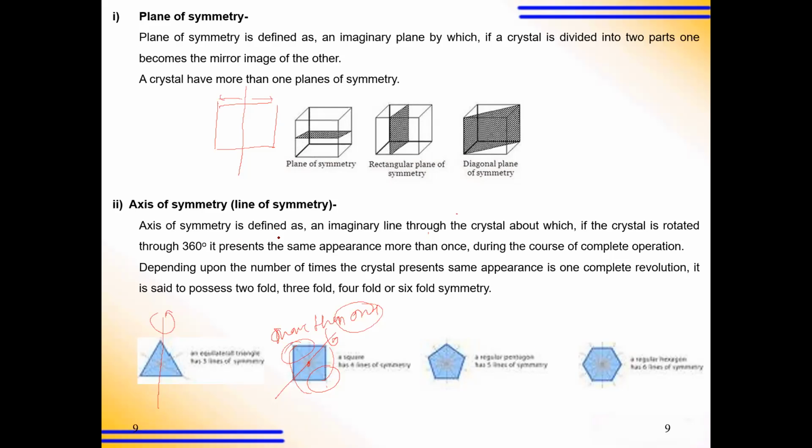So axis of symmetry can be defined as an imaginary line through the crystal about which, if the crystal is rotated through 360 degrees, 360 degree meaning a complete rotation, right?